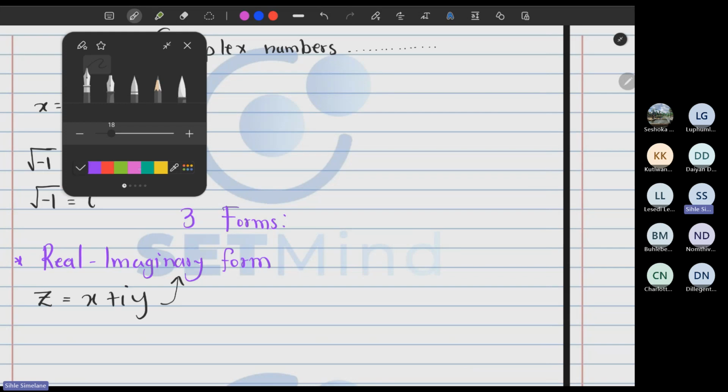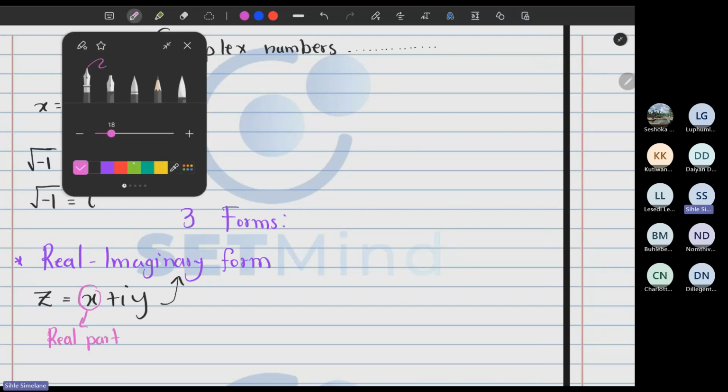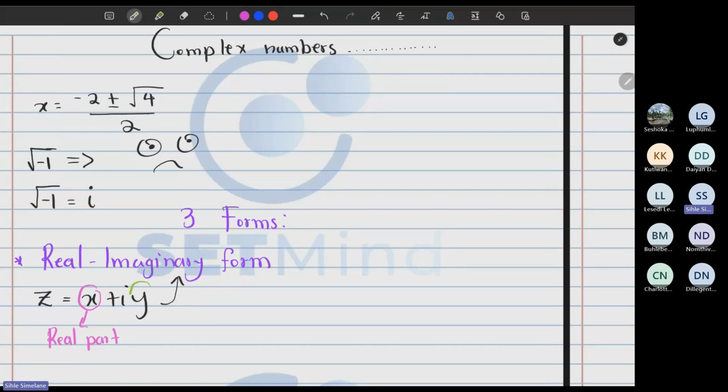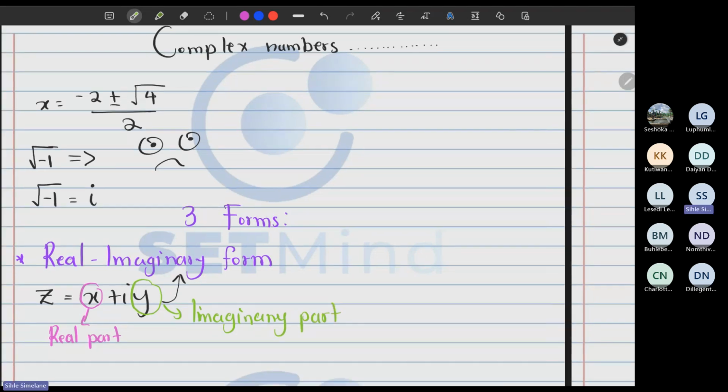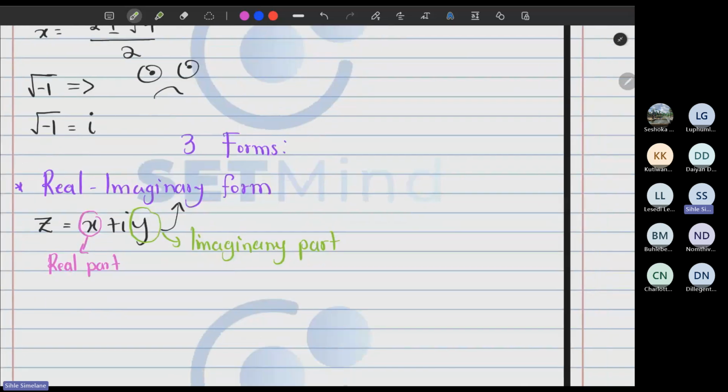Why real imaginary form? Because the x is the real part, and what is multiplying the i, whatever complex number you are given, that is the imaginary part. So when they say write a complex number in real imaginary form, they're expecting you to have x plus iy.